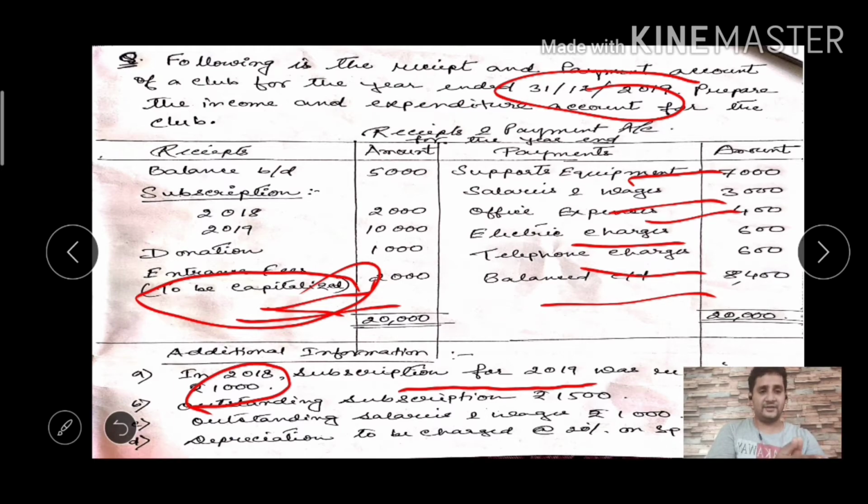Current year subscription was received in 2018, the previous year. So that subscription will be added with the current year subscription of 10,000.